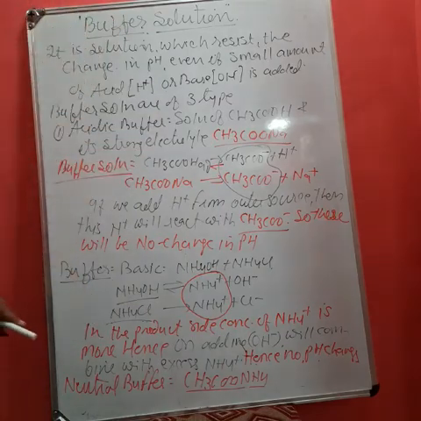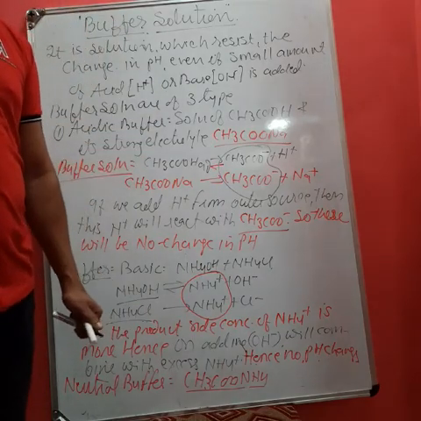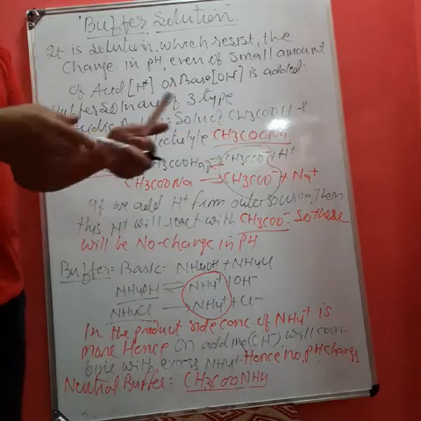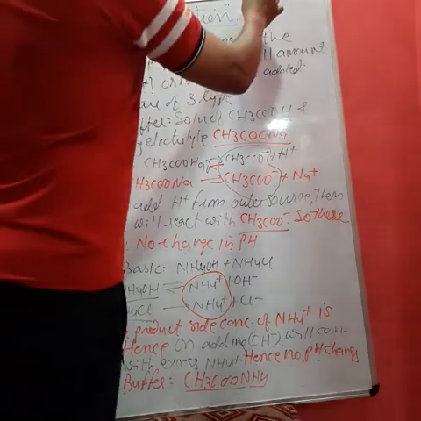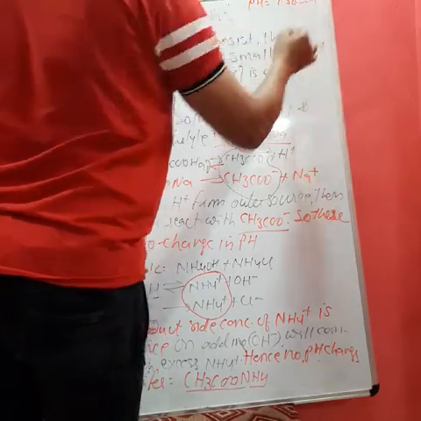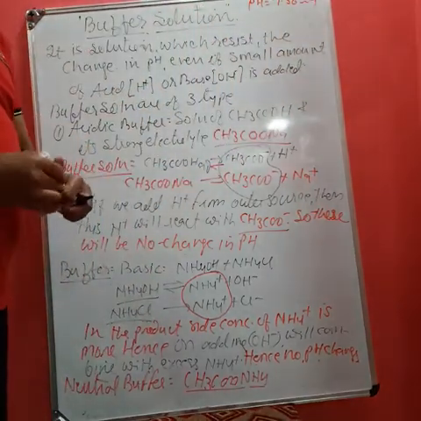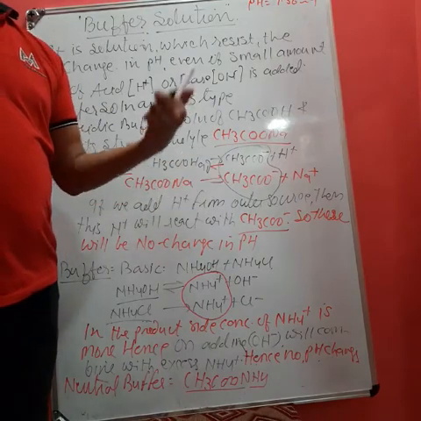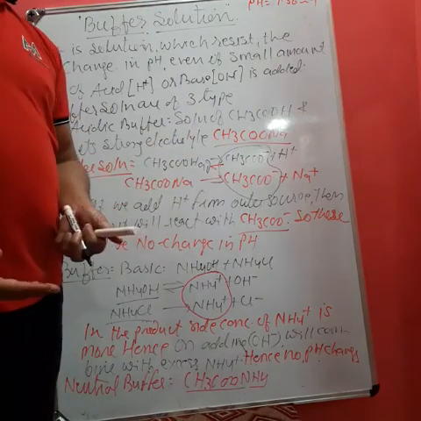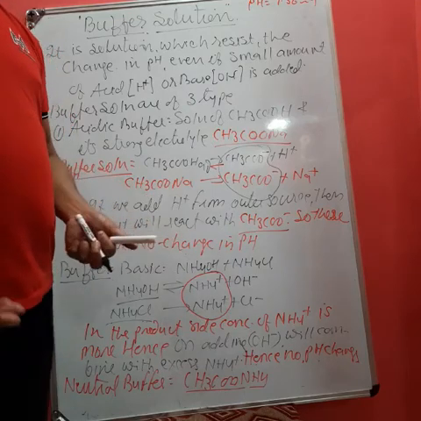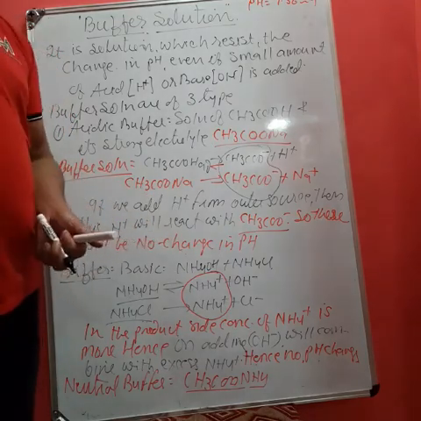Student, the buffer solution has great importance in our practical life. For example, the pH of our blood is exactly 7.4. But we get different types of food material in our daily diet, and this food may be acidic or basic in nature.